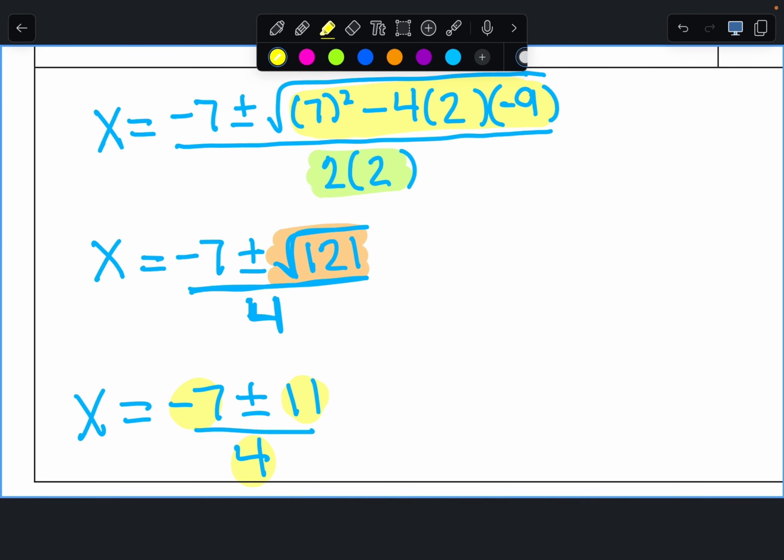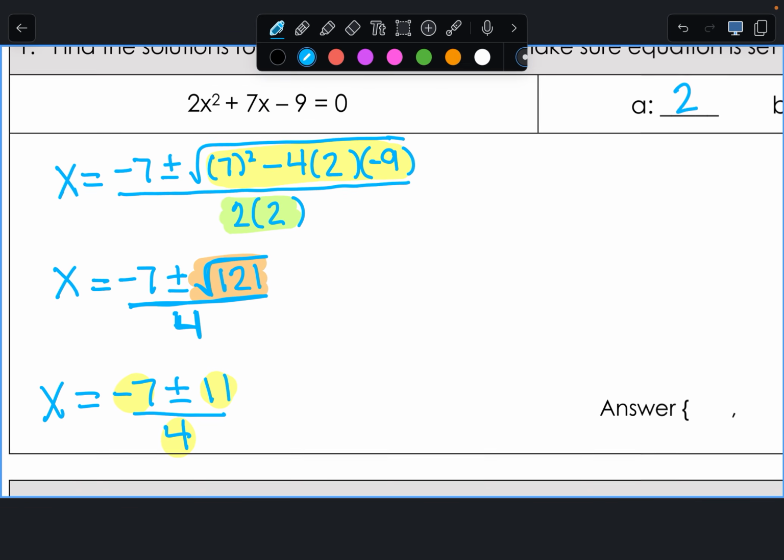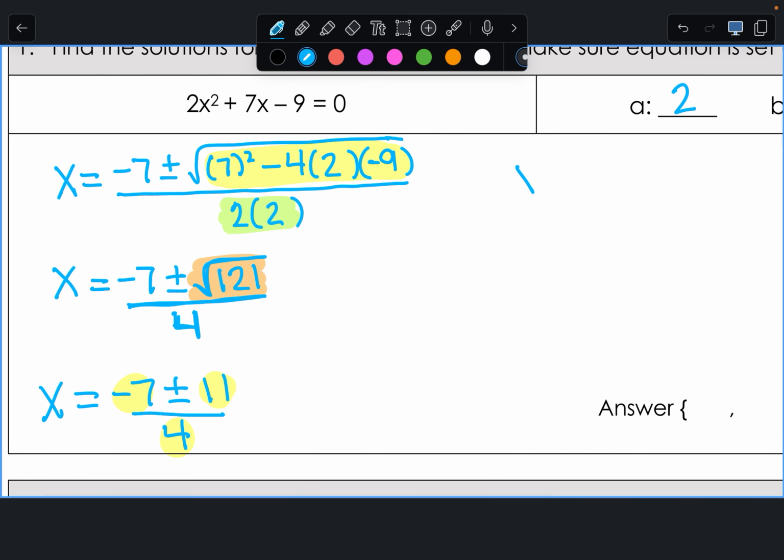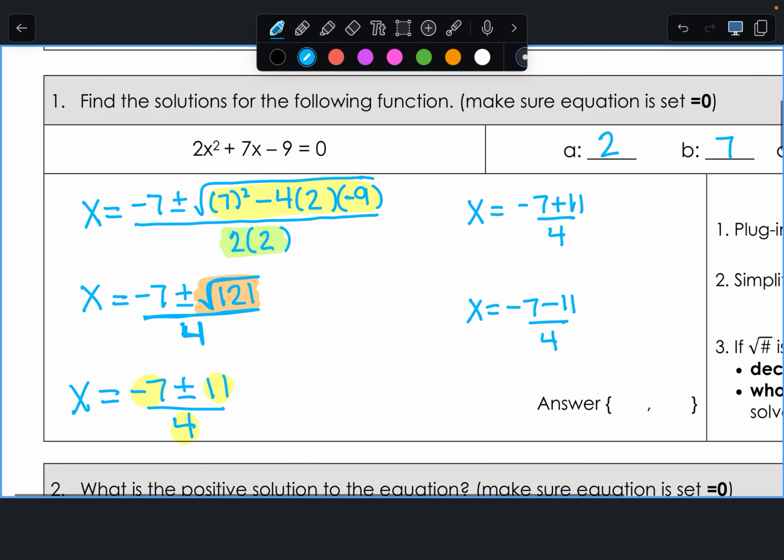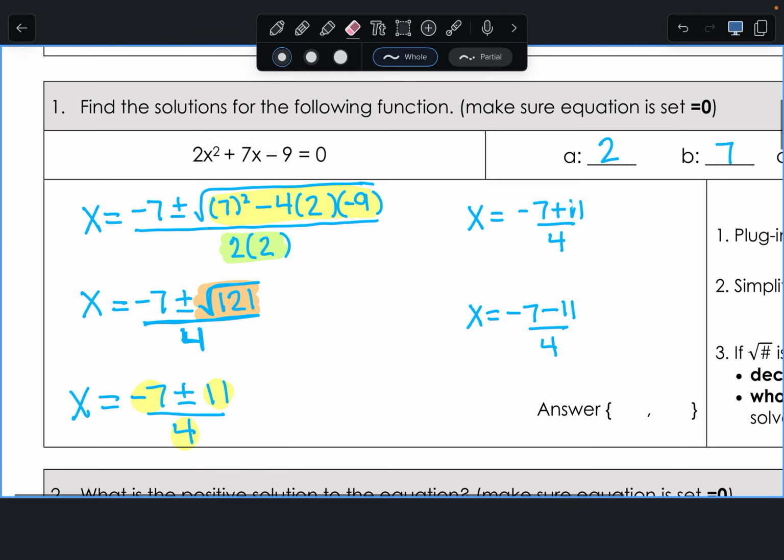That we keep on going, that we split the plus minus and solve it. So one side you're going to have negative 7 plus 11 over 4. Other side, negative 7 minus 11 over 4. Type those in as a fraction or do it in your head because the numbers are small enough, I guess.